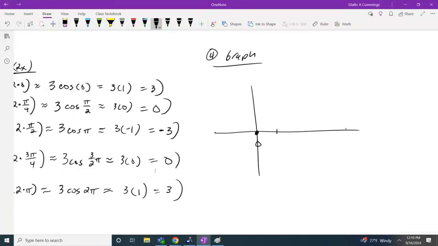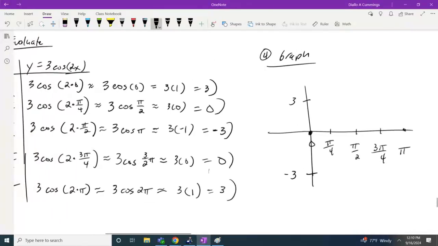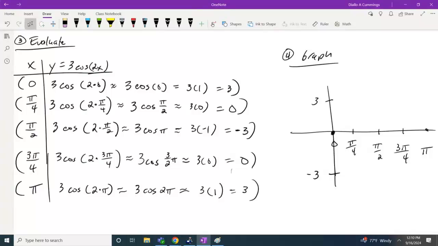So on the x-axis we have 0, pi over 4, pi over 2, 3 pi over 4, and pi. If we look at our y values, the maximum is 3, the minimum is -3. And we're just going to plot the points.